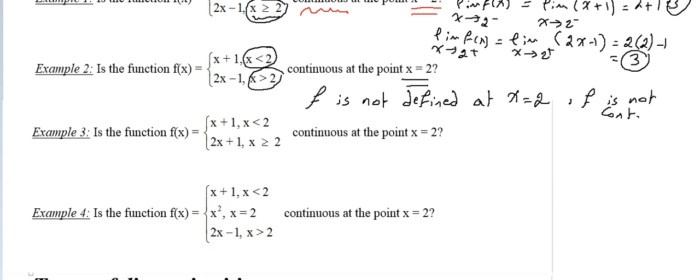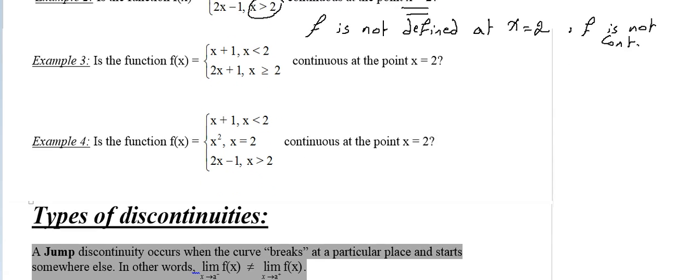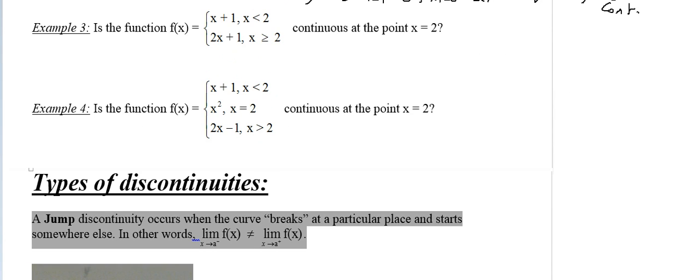Let's go to the third example, which is a little bit different. In the second part we don't have 2x minus 1, we have 2x plus 1. Is it continuous at x equals 2? We have f of 2, and what does f of 2 equal? 2 times 2 plus 1, which is 5.